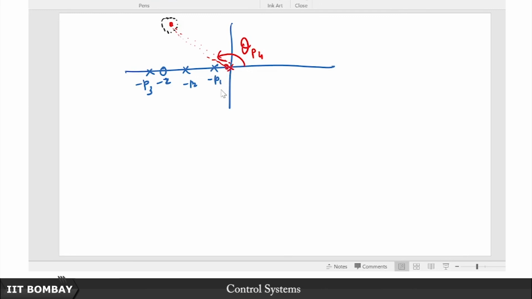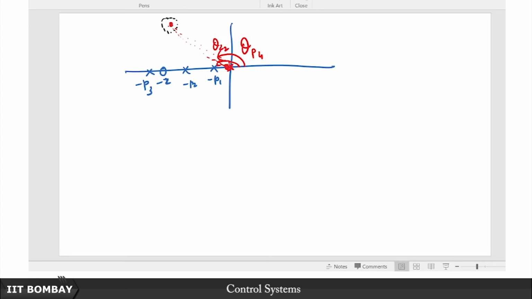But the moment we introduce the pole at the origin, we introduce a new problem. The new problem being that no longer is this point going to satisfy this angle criteria, and therefore the closed loop pole will now migrate far off possibly. So how do we account for that? Place a 0 very close to this. Now once you place this pole and 0 pair very close by, like so, then you see that the net contribution by this theta P4 and this, let's say this theta Z2, are almost comparable.